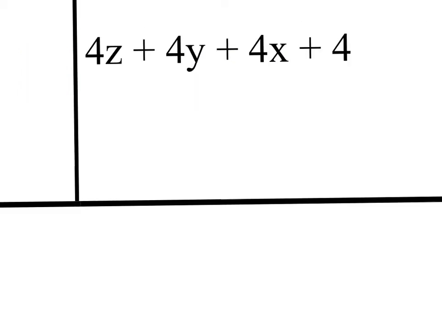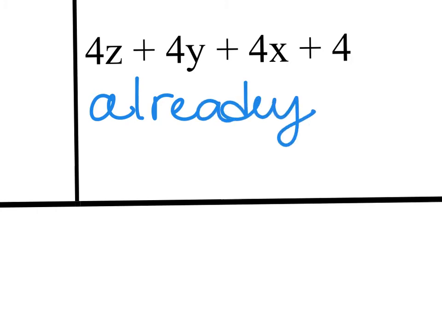Raise your hand. How about Jovi? What's wrong with this? None of them have like terms. Oh my gosh, there's no like terms. z, y, x, and no variable. They're all different. So what we say is that this is already simplified. It's done. You see that? Already.